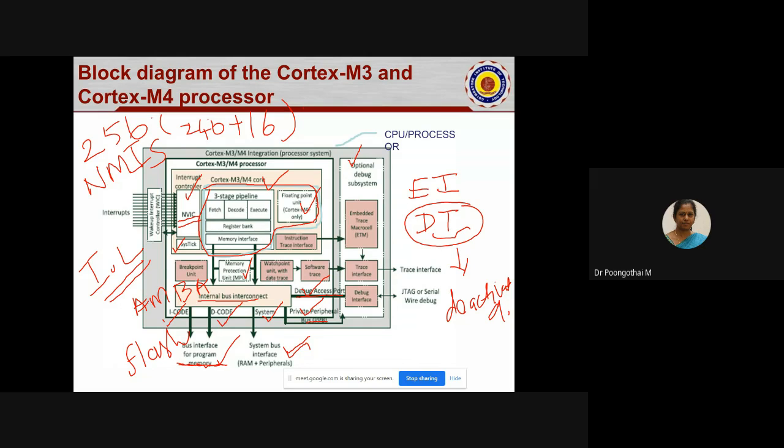Okay. So this is the memory protection unit. It is an optional feature available on the Cortex M3 and M4 processor. Microcontroller vendors can decide whether to include this memory protection unit or not. If the unit is included, your application can divide the memory space into a number of regions and also define the access permission for each of them.